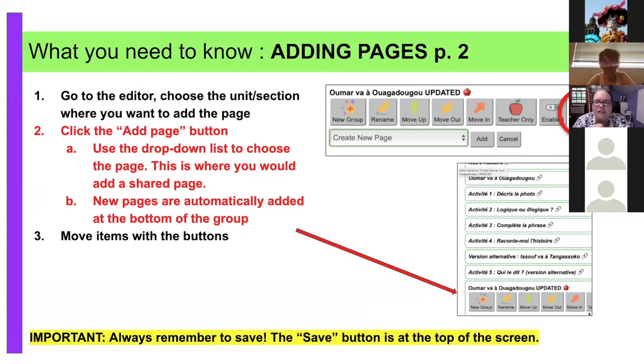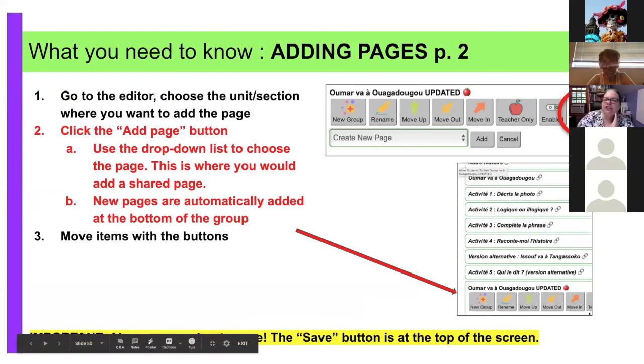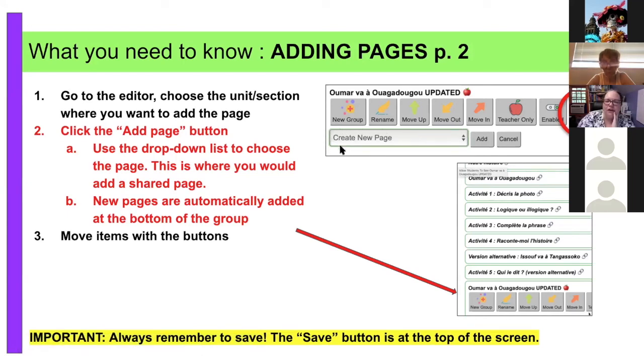So you need to click on the Add Page button here, and that will make this drop-down list appear, and it says Create New Page. And anything that you have in your Manage My Pages list will show up there, including anything that you've imported. And also the Voces original pages will show up at the bottom of that list.